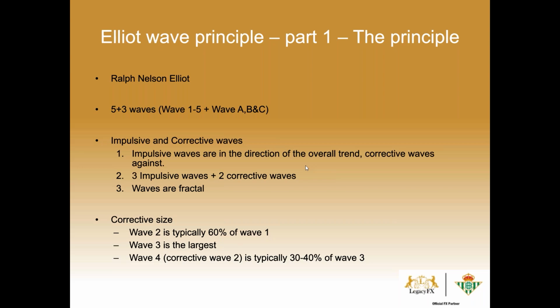What you need to understand first is there's impulsive and corrective waves. Impulsive waves are the waves that are in direction of the overall trend, right? And corrective waves are the little pullbacks or rallies that you get in between them. So when you're in a downtrend, the impulsive wave is the selling period. The corrective wave is the rally, making a V shape.